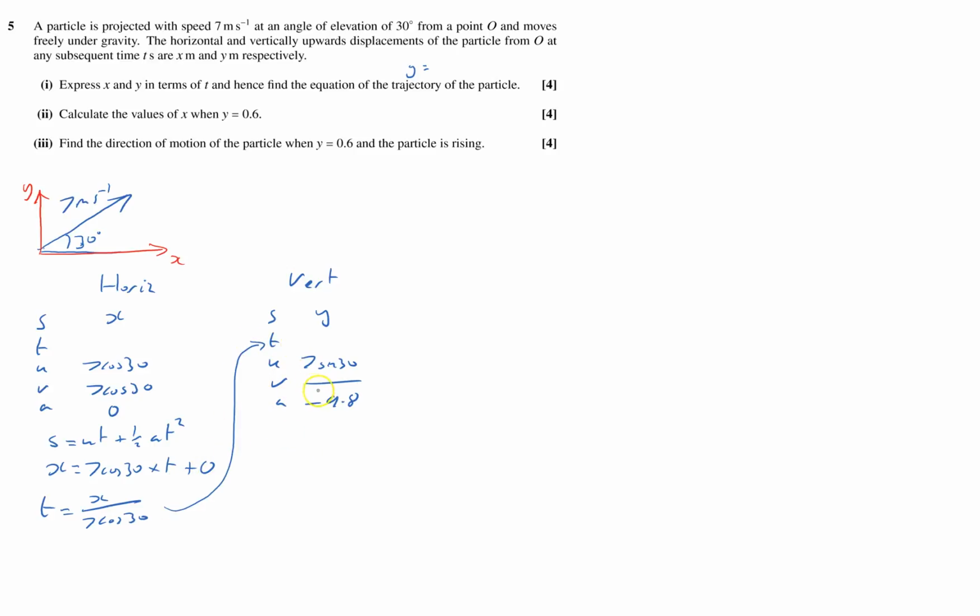And then once more, I want the one without v, so s equals ut plus a half a t squared.